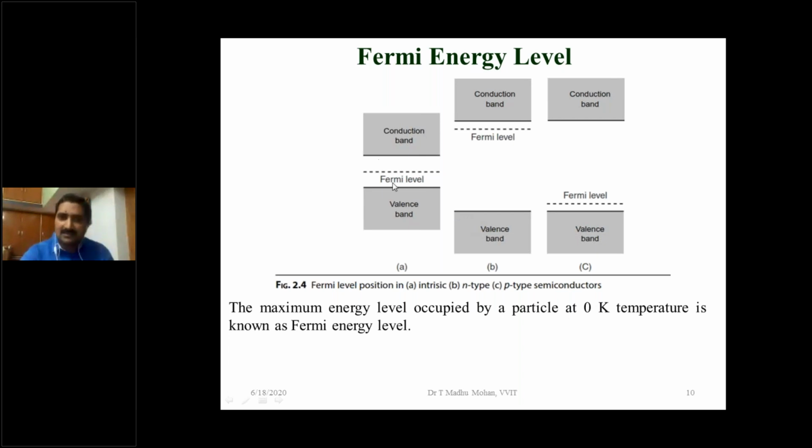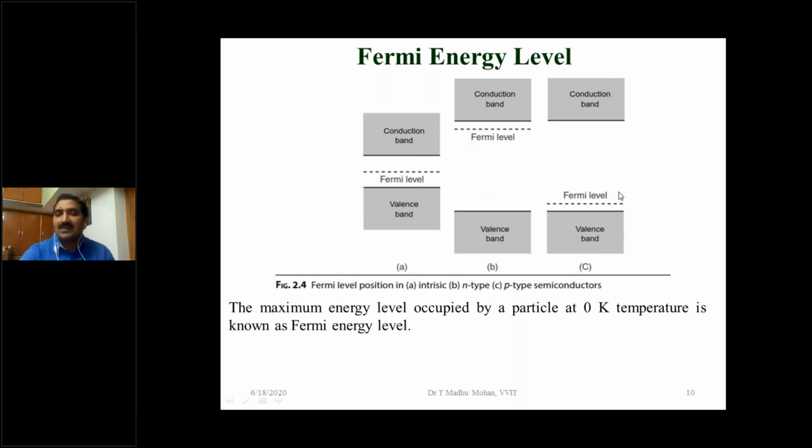Generally in an intrinsic semiconductor, the valency band is like this, that means the top of the level is filled with electrons. But here, the electrons are majority charge carriers, so many electrons are available. It is full of electrons, so the electrons reach near the conduction band. So the electron levels go up to here. That's why the Fermi level is nearer to the conduction level.